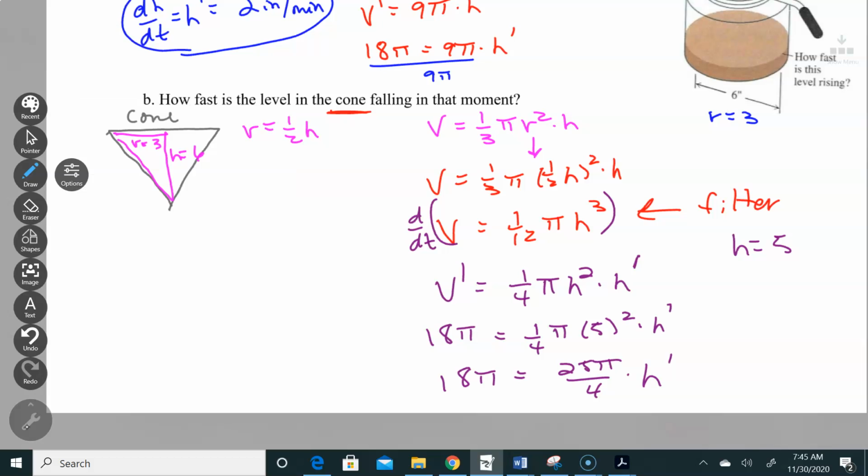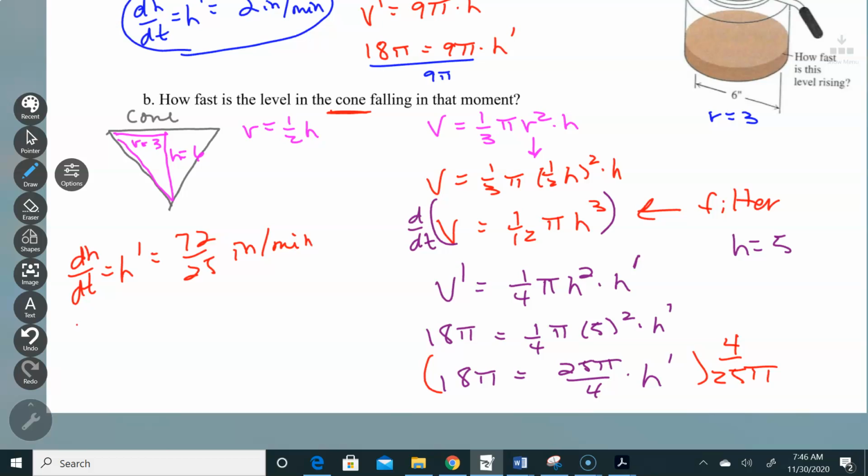I can multiply through by 4 over 25 pi. So when I do that, I get my dh over dt, or my h prime, is equal to 72 over 25 inches per minute, or h prime is equal to 2.88 inches per minute.